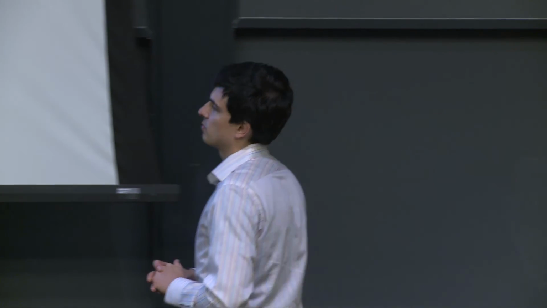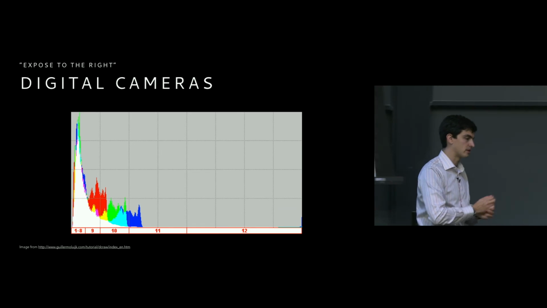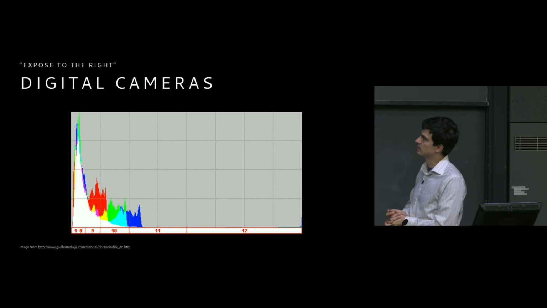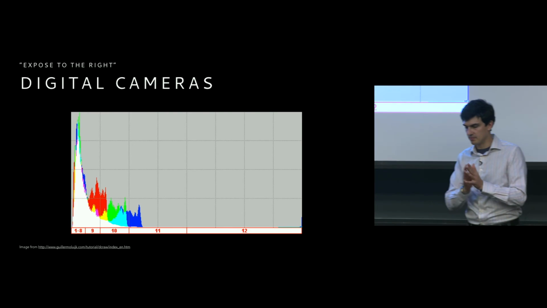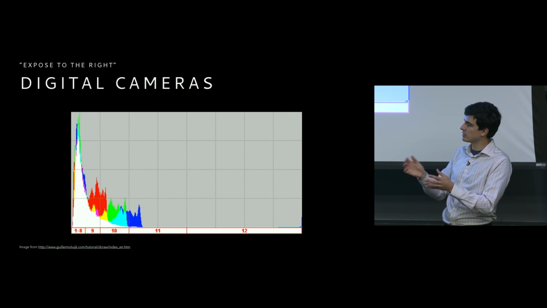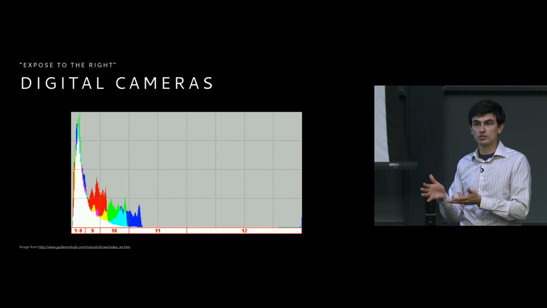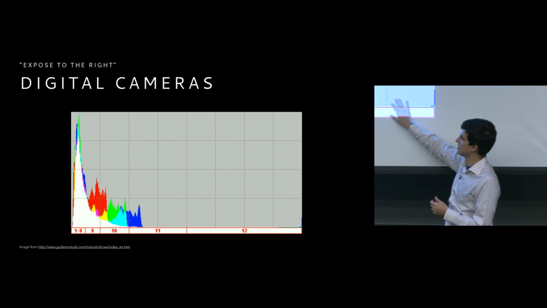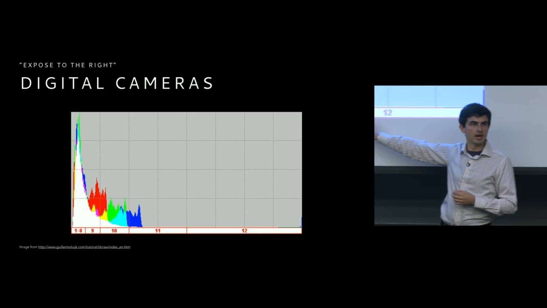Which is to say that if I have 12 possible stops of dynamic range because I have a 12-bit analog to digital converter, and it's perhaps well suited to match a 12-bit sensor as well, then if I do not expose that scene such that it's relatively bright but still not overexposed, I perhaps am losing a lot of potential gradation and subtlety in those values that we get from these upper stops.